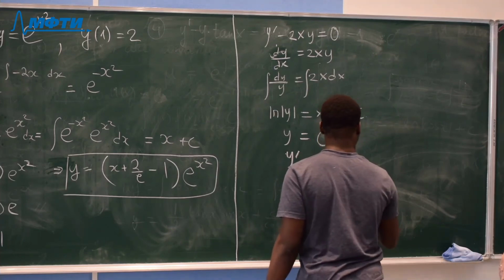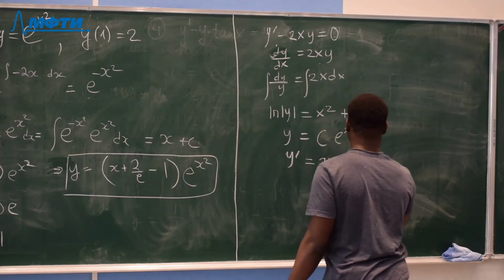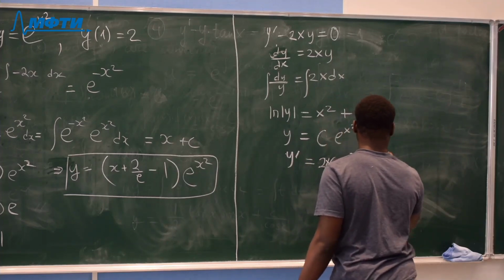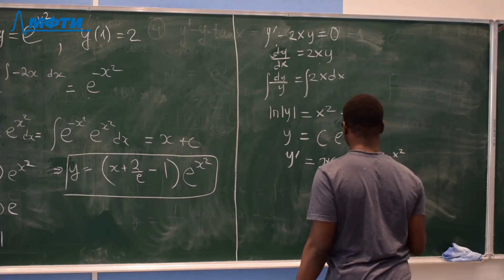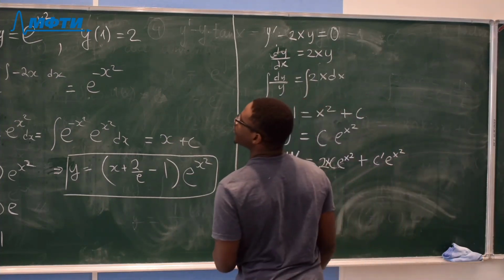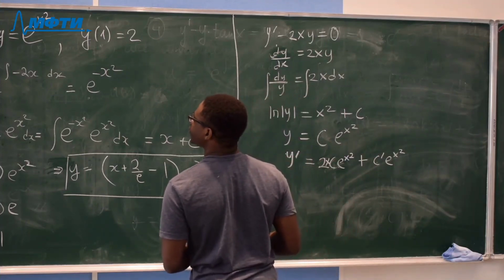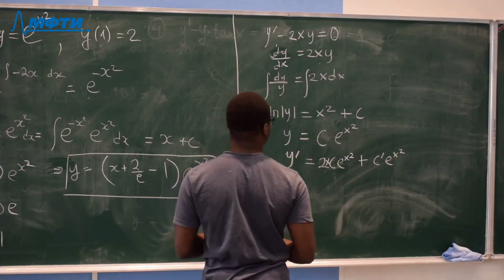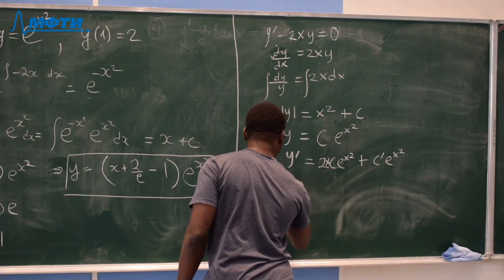And times x squared, right? Plus C prime, correct. And then substitute it into the original equation, and two terms must be cancelled out. Substitute into the original equation.